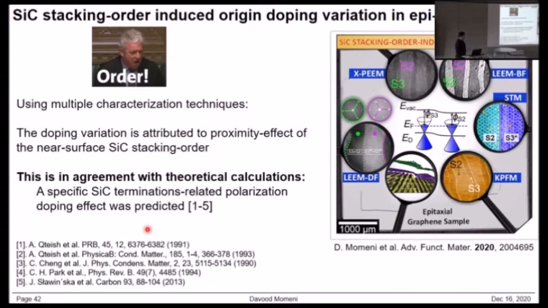This is in very good agreement with the theoretical expectations and calculations done by different scientists since the 90s. And more interestingly, the recent work from Davood Momeni Pakdehi. They expected with their calculations that the doping should be different on different terminations. Luckily, Davood is willing to do some more calculations on such graphene samples.